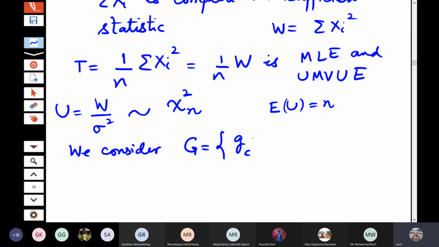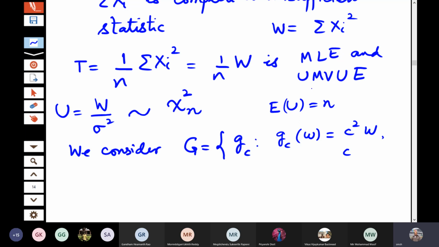So we will consider estimators of the form C square W. We can put CW also, but if Xi goes to C Xi, then Xi squares go to C square Xi square, so I will consider the transformation in that sense.